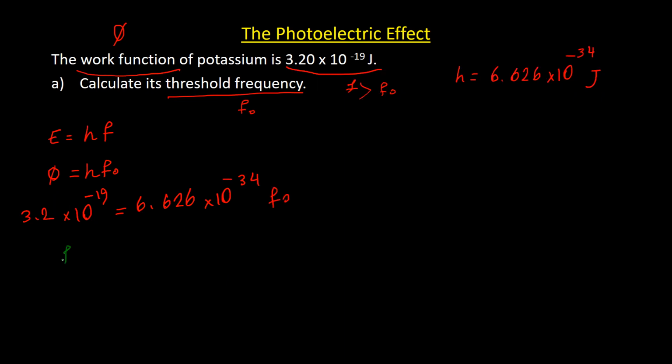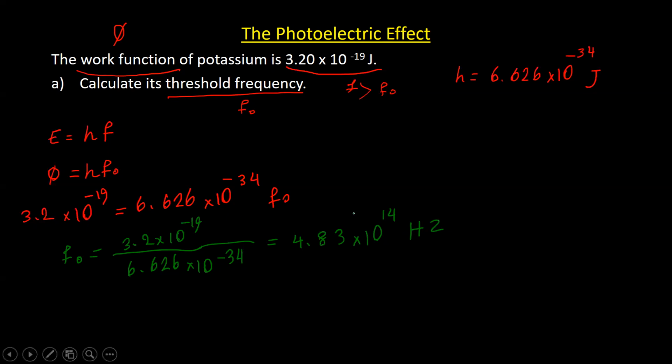So as a result, f naught is equal to 3.2 times 10 to the power minus 19 divided by 6.626 times 10 to the power of minus 34, and it's equal to 4.83 times 10 to the power of 14 hertz. So this is the minimum energy that we need in order to release one electron from this metal, and this is the minimum frequency of light that we need.